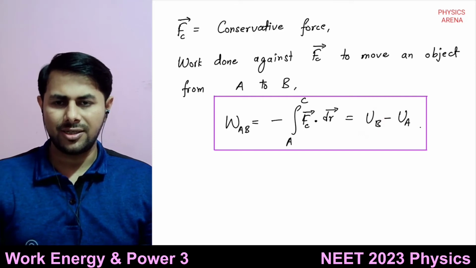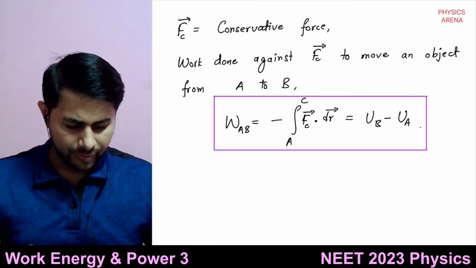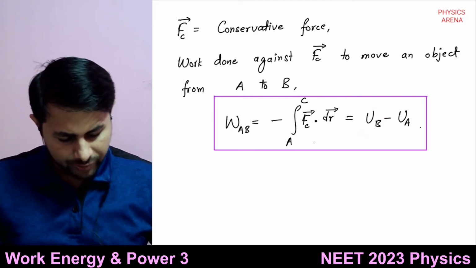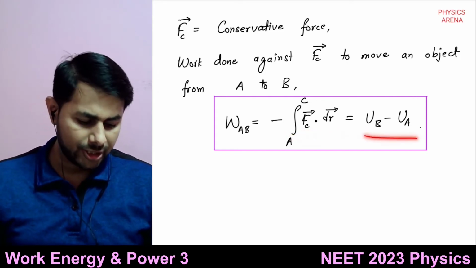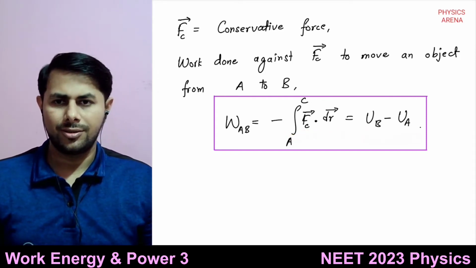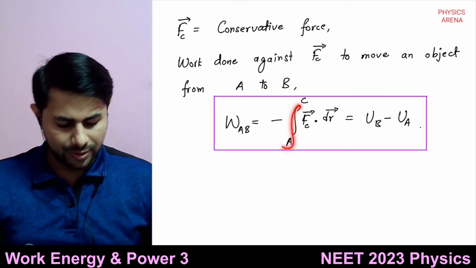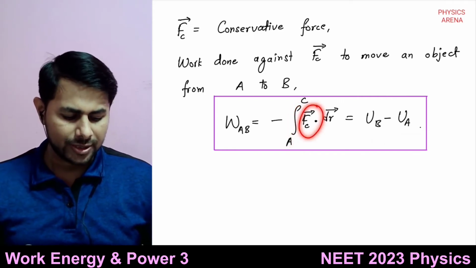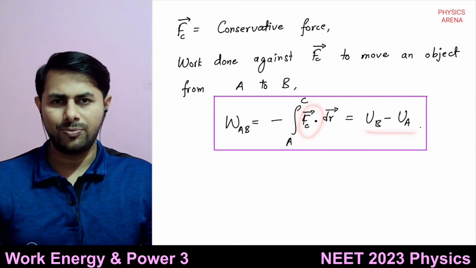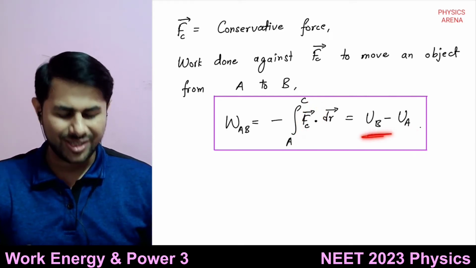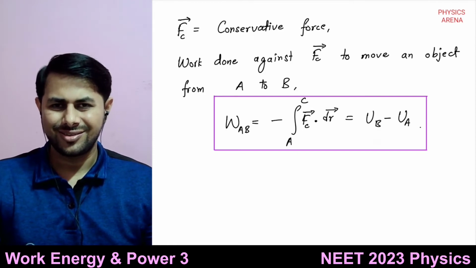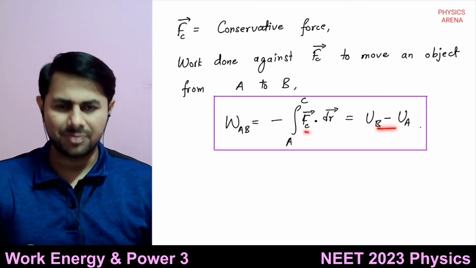So this thing is clear. Good. So this is one relation between the conservative force and the potential energy. The integral of conservative force gives you potential energy. That means what will be the conservative force in terms of potential energy?